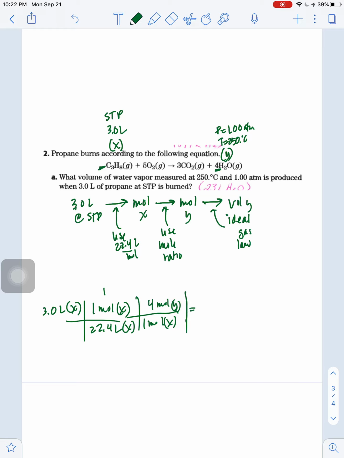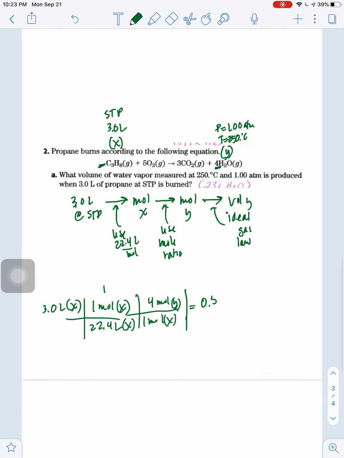Alright, so 3 divided by 22.4 times 4 is 0.536 moles of Y.